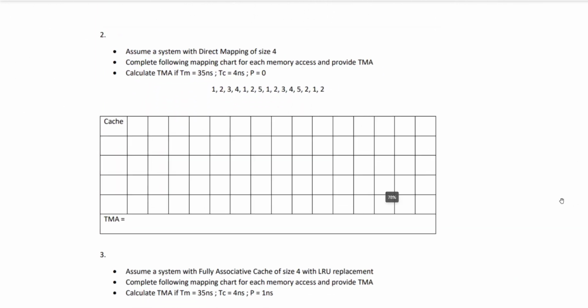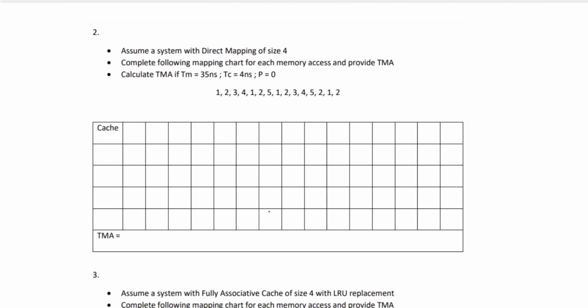Okay, part 2. Assume a system with direct mapping of size 4. So the cache size is 4, right? Complete the following mapping chart for each memory access and provide total memory access. The memory reference string is this. The cache has 0, 1, 2, and 3.